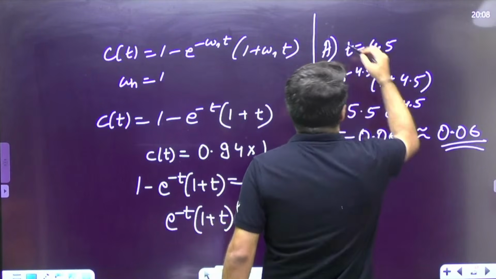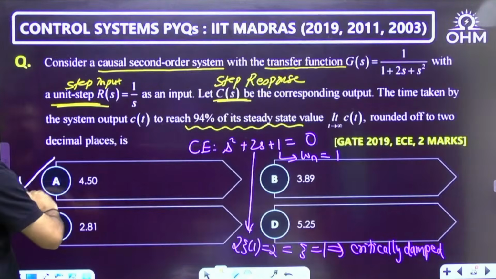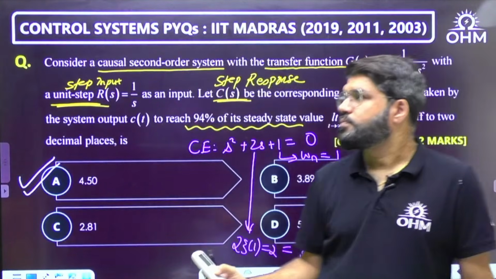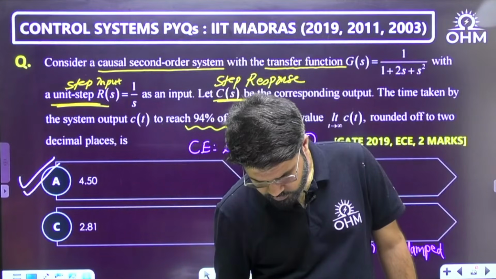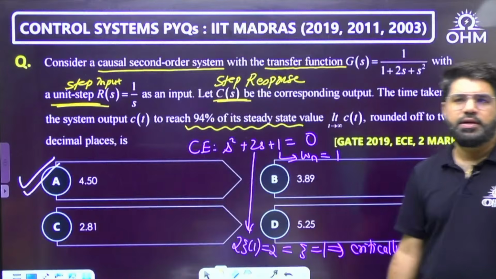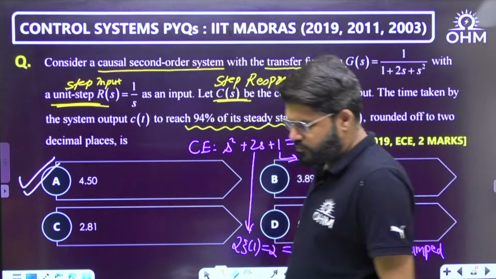Correct. So A itself is correct, no need to move to any other option. Option number A is the correct answer here. Done? Let's move to the next question.